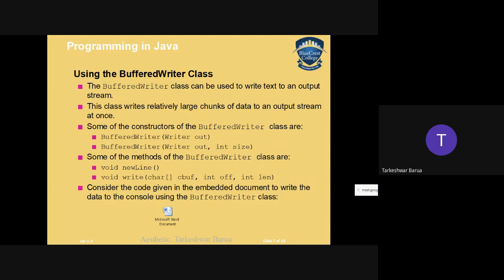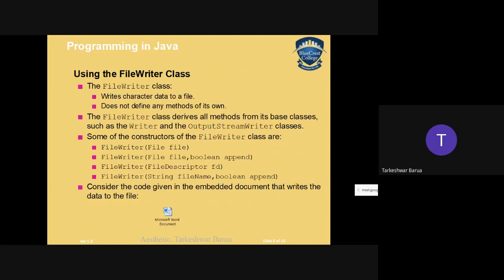Next, we have the newLine function. If you want to write something on a new line, you can call this function. You can also write continuously on the same line. So it is providing a very flexible way to write data into the file.